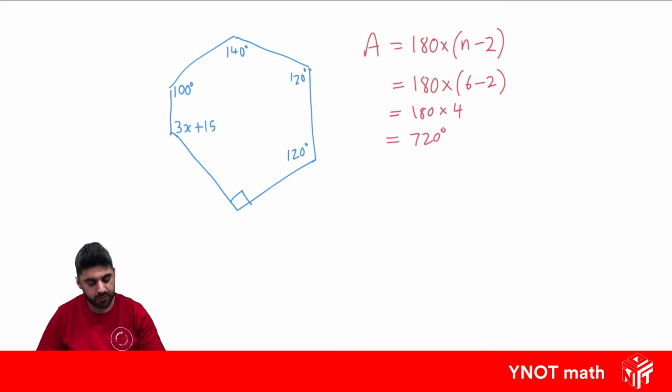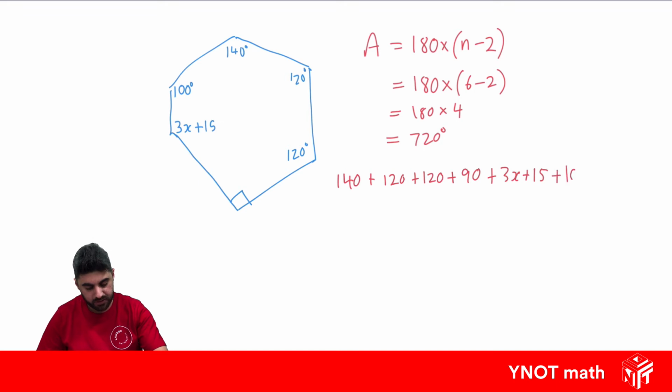So we know all the angles in this polygon should add up to 720 degrees. So let's go ahead and write an equation. We'll start at the top with the 140 and go around clockwise, so 140 plus 120 plus 120 plus 90 plus 3x plus 15 plus 100 should all equal 720.